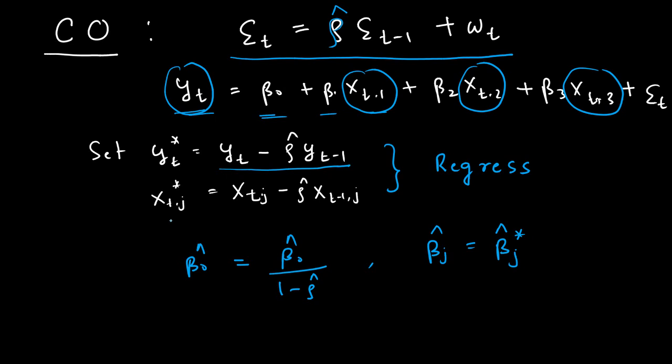On the independent variable xtj, we are making a similar transformation: xtj minus rho hat xt minus 1 j. So we are just subtracting the rho hat multiplied by its lag, just as we multiplied rho hat to yt minus 1. It is some sort of a transformation that is going to help us reduce the problem of autocorrelation.